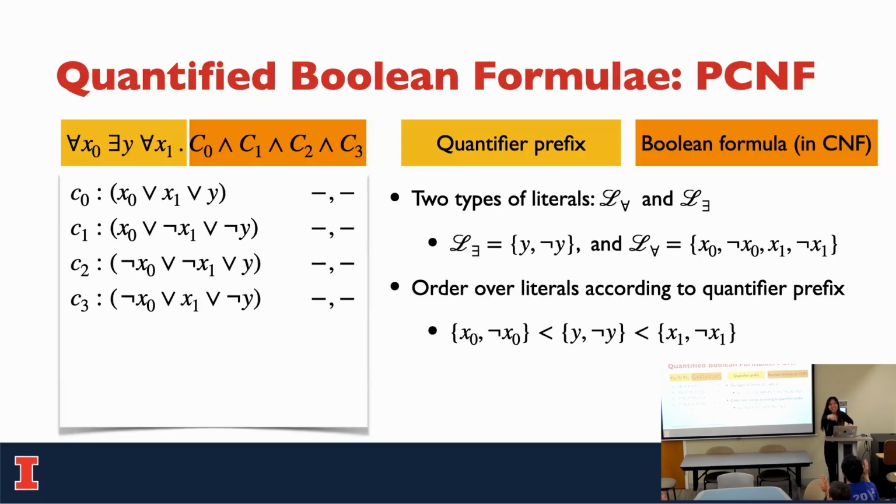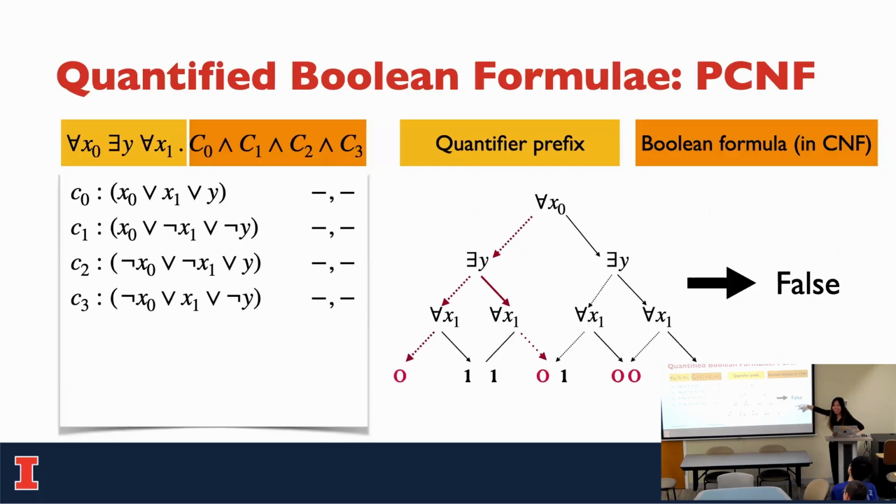Okay, why is it false? If x0 is false, then whatever your choice of y is, for the first two clauses you can find some x1 that makes it false. Exactly. So actually, you can have this binary tree, right? No matter what, you can find some x0 assignment such that after that, no matter what value you assign to y, there always exists an assignment of x1 that leads to false. Okay. That's why this QBF evaluates to false.